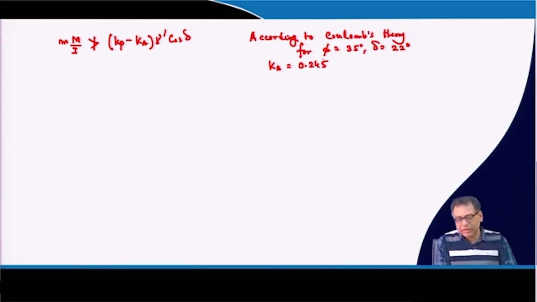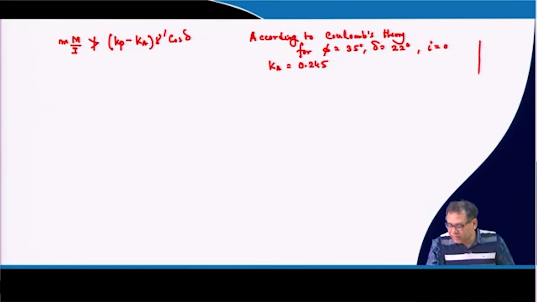So, you can calculate this, because we know the equation of Coulomb's active earth pressure and passive earth pressure coefficient. You put these values; i is also 0, because it is not inclined. So, i is also 0, then beta, this is the vertical face. So, beta will also be 0. So, that means here it is not inclined.